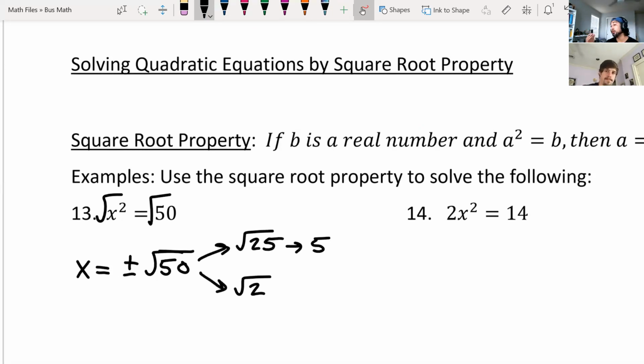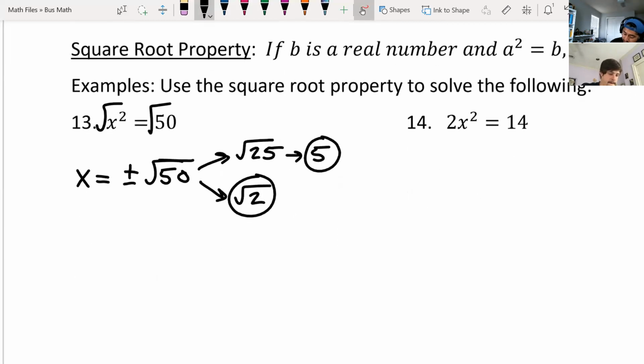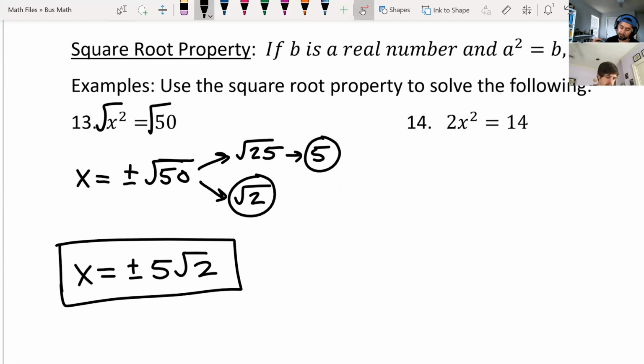Can you break down the square root of 2 anymore? No. So our final answer is going to be x equals plus or minus 5 times the square root of 2. That's it.